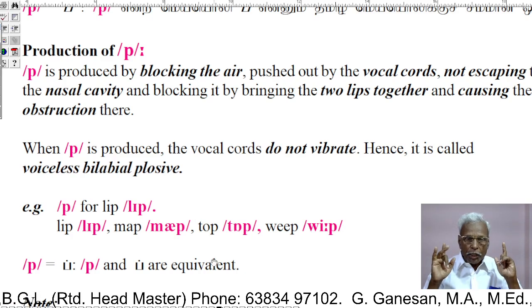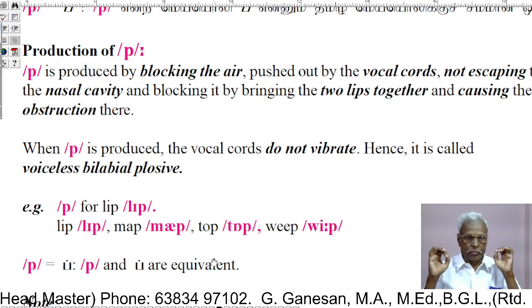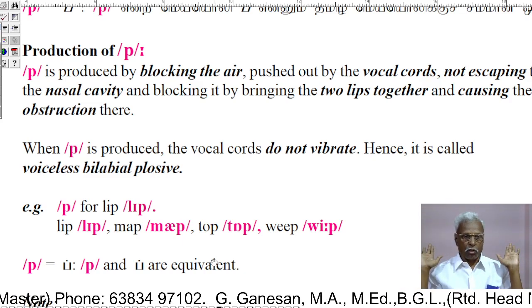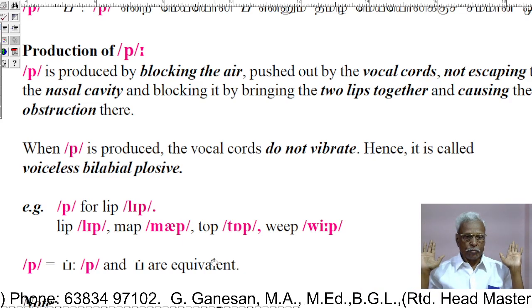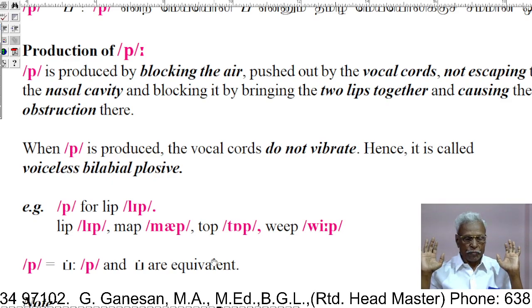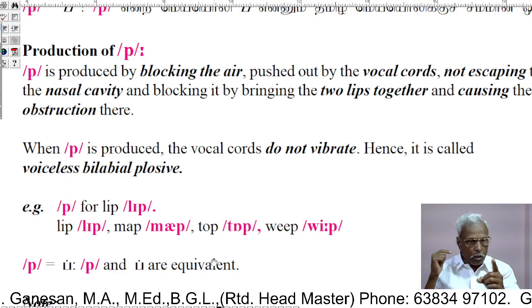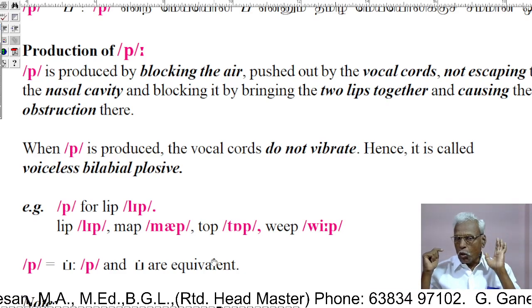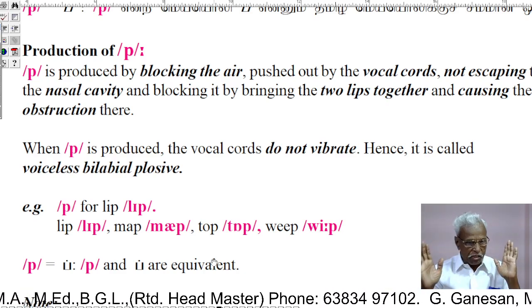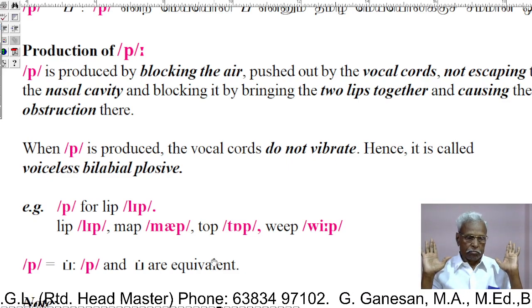Again, it is produced by bringing the two lips together and sounding. That's all. Further explanation I have already given. As the vocal cords do not vibrate when it is produced, it is called a voiceless bilabial plosive.